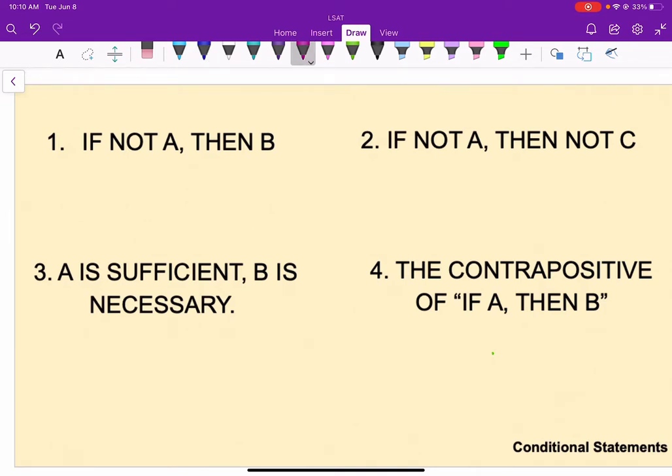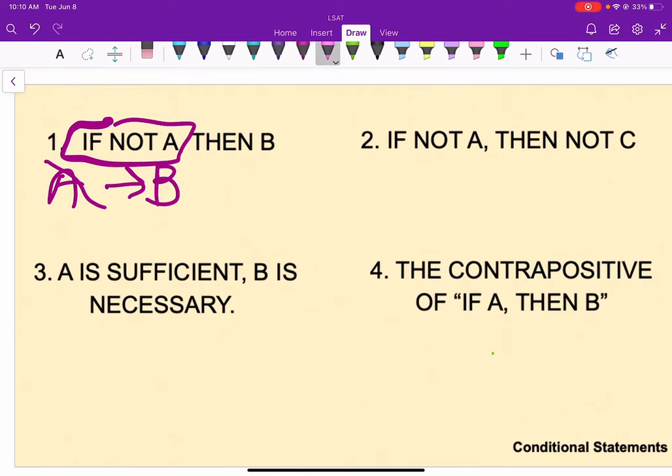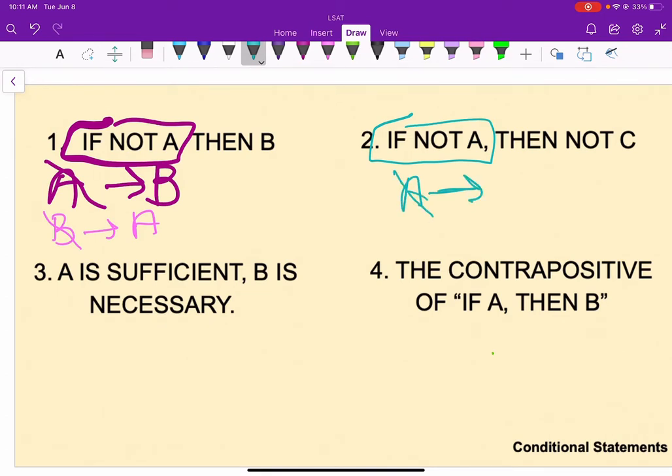All right, so for number one, we have if not A, then B. And the contrapositive of flipping and reversing that is if not B, then A. All right, so for number two, if not A, then not C. And if I flip it and reverse that, I'm going to have if C, then A.